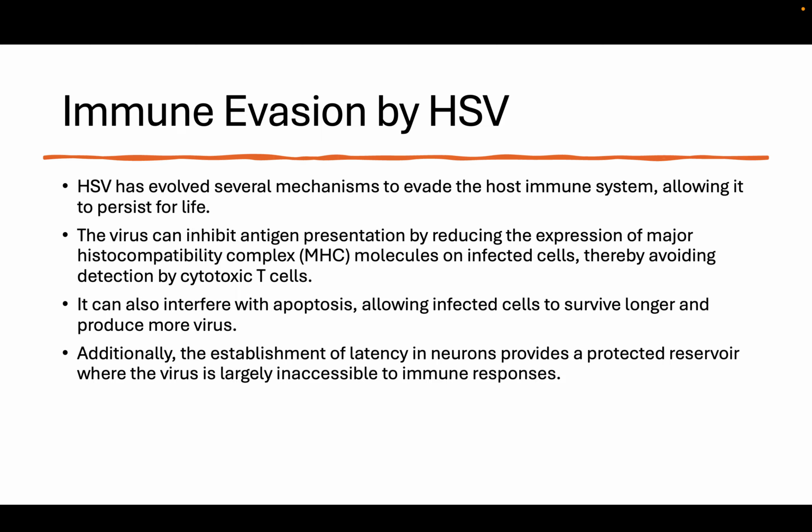But also, being in a neuron is already evading the immune system, because your immune system doesn't want to kill neurons, since we cannot recreate them. Having this latency in the neurons, with the genome inside there, keeps them for life. So that's one more way of evading your immune system.